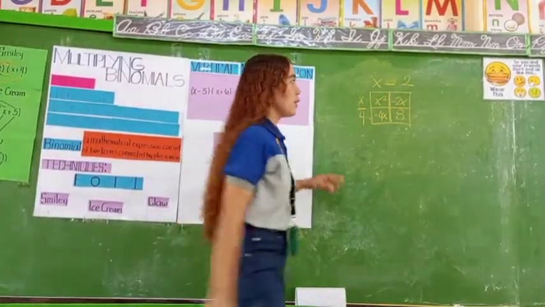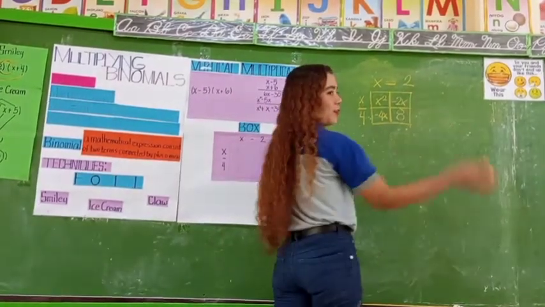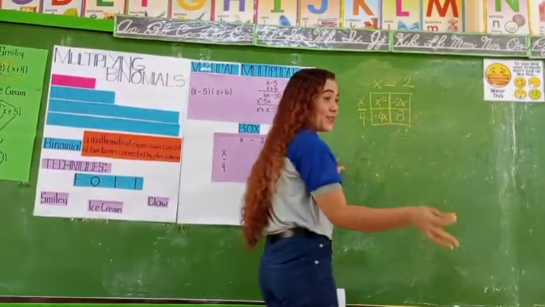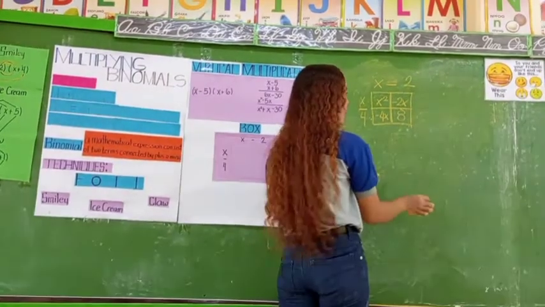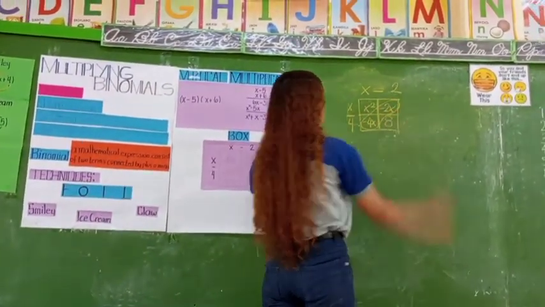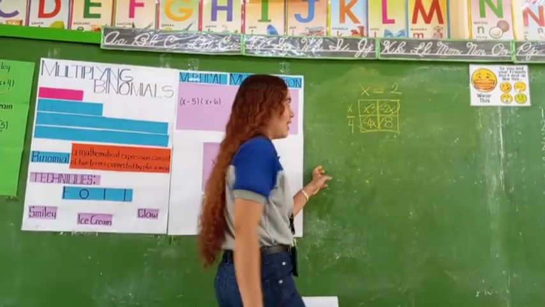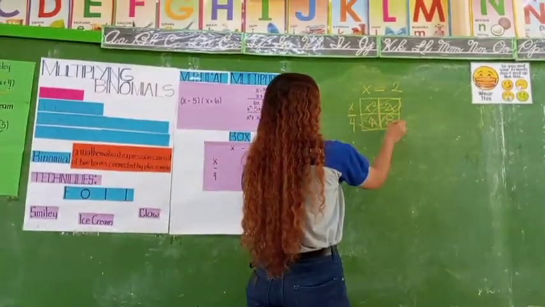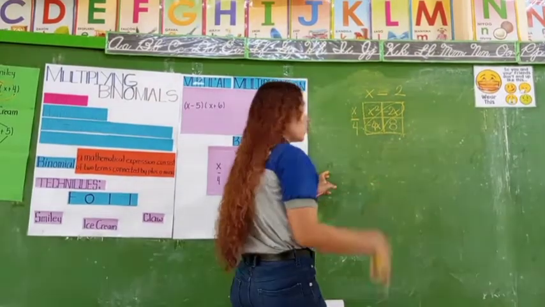So, what we're going to do is, we have to solve like terms. Tama. Ang like terms natin dito ay dito. Okay. And then our x squared and then 8, isusulat na lang natin siya.